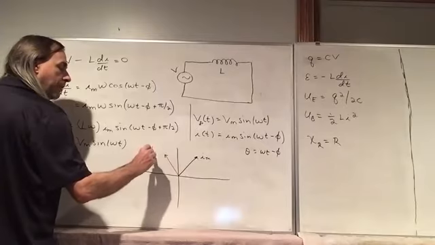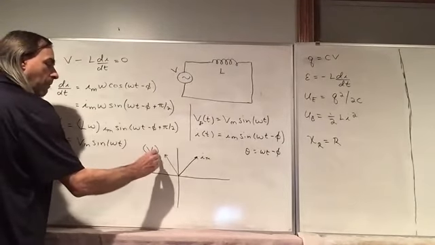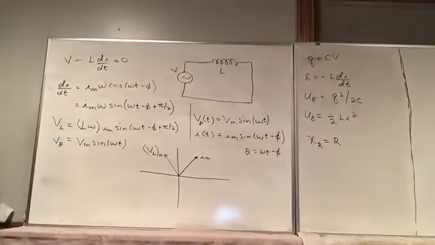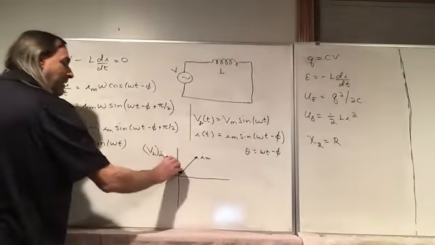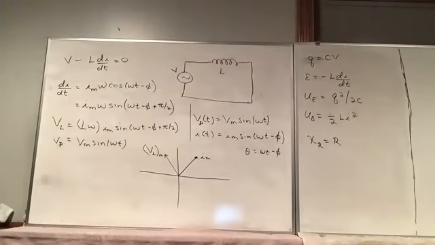So like the phasor represents the peak value, that's 90 degrees ahead because we have this theta plus pi over 2.